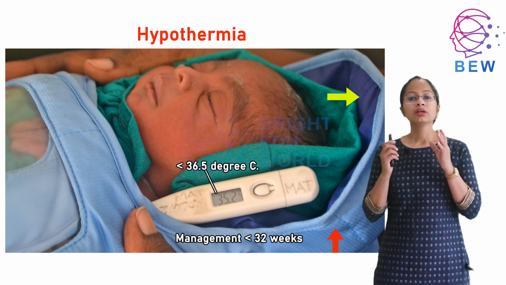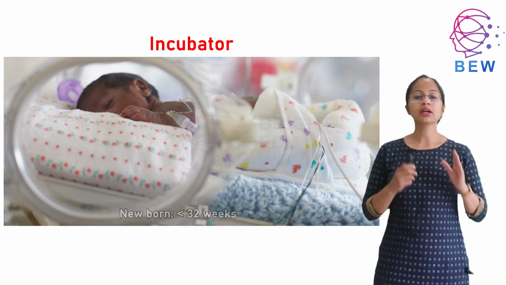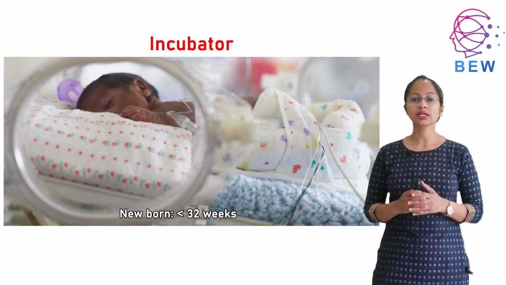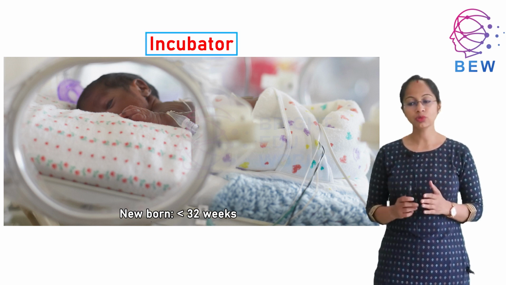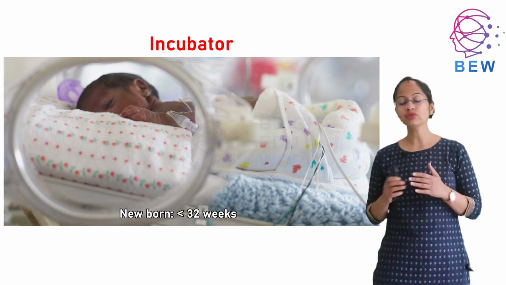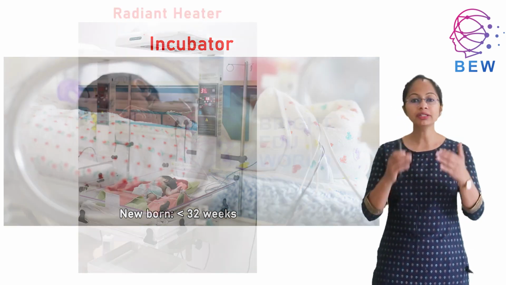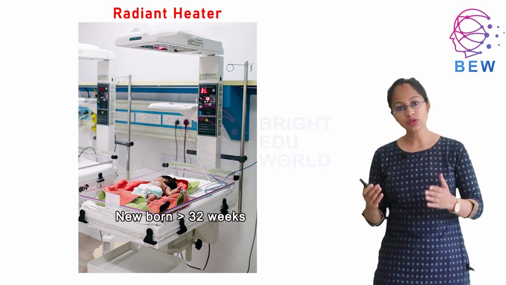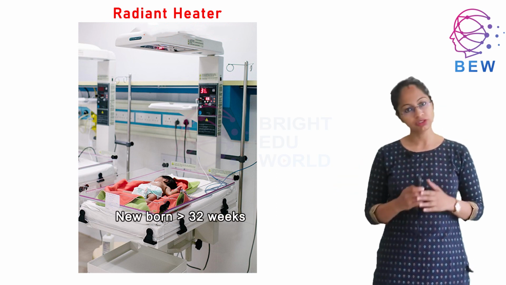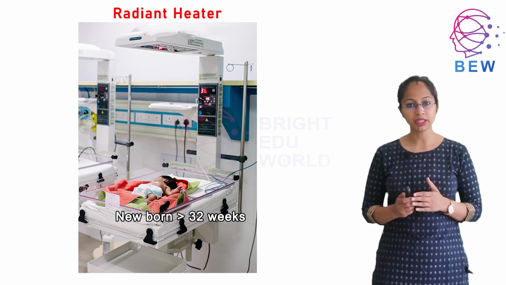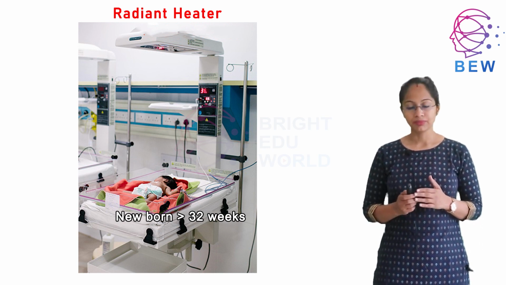Okay, the babies who are less than 32 weeks of gestation, the thermal management is done in an incubator. So incubators are best for the preterm babies less than 32 weeks of gestation, and radiant warmer provides a good care for the newborns more than 32 weeks of gestation. Okay, so this is about the thermal management in a preterm baby.